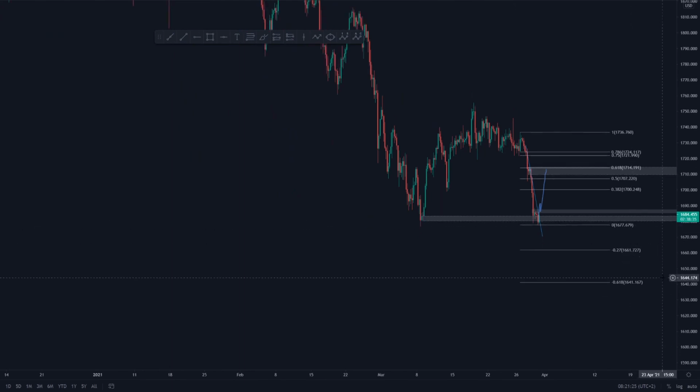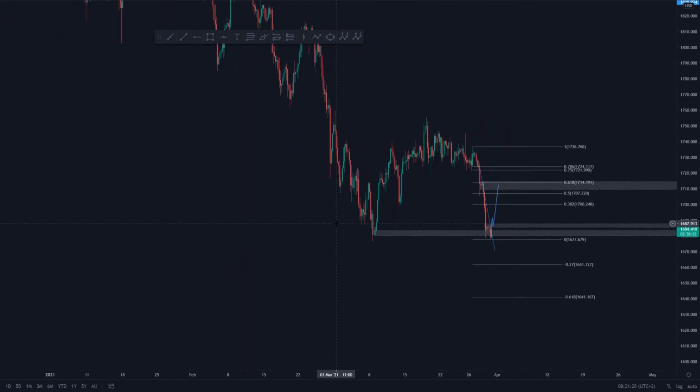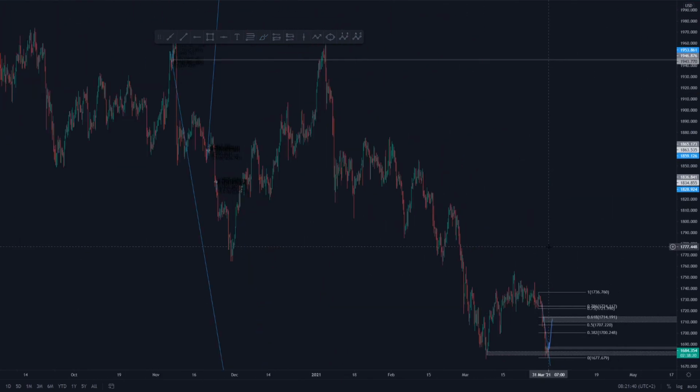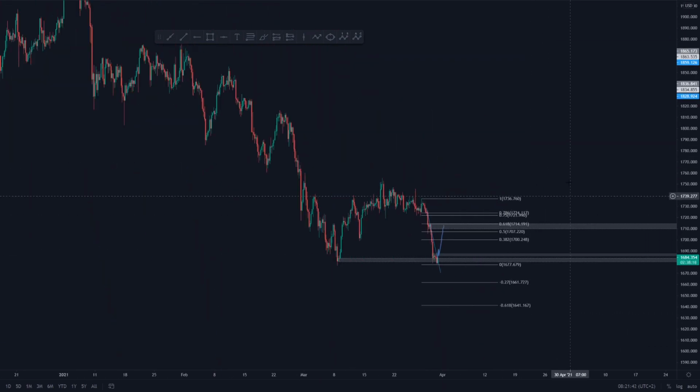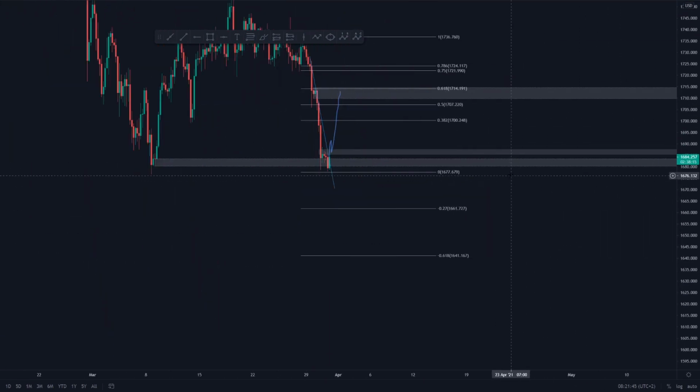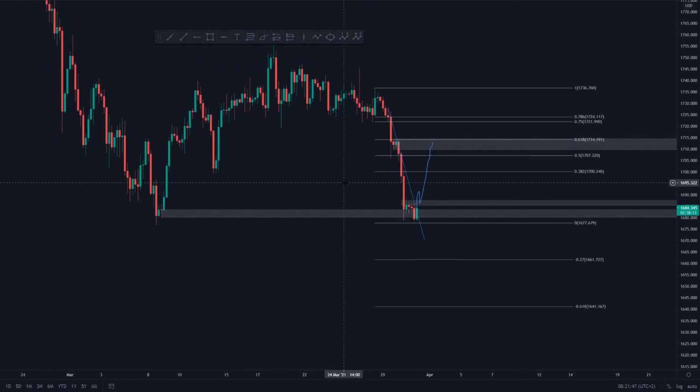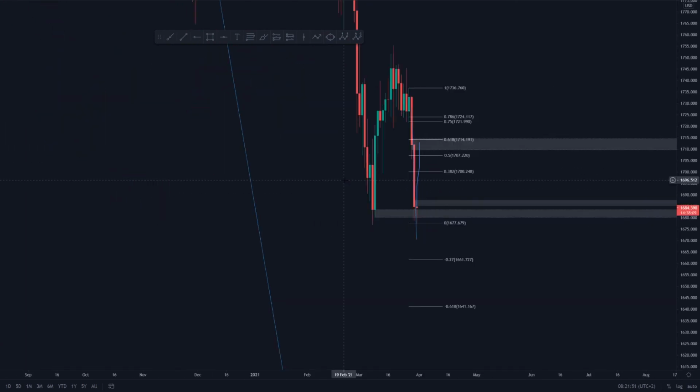Another possibility would be that we're going to see some more bullish moves from here, that this is just a double bottom on the 4 hour before pushing back up and breaking these highs over here. However, as it seems now, gold is just really bearish. Not much going on really, to be honest, and nothing really pointing out that price can move towards the upside on the short term.